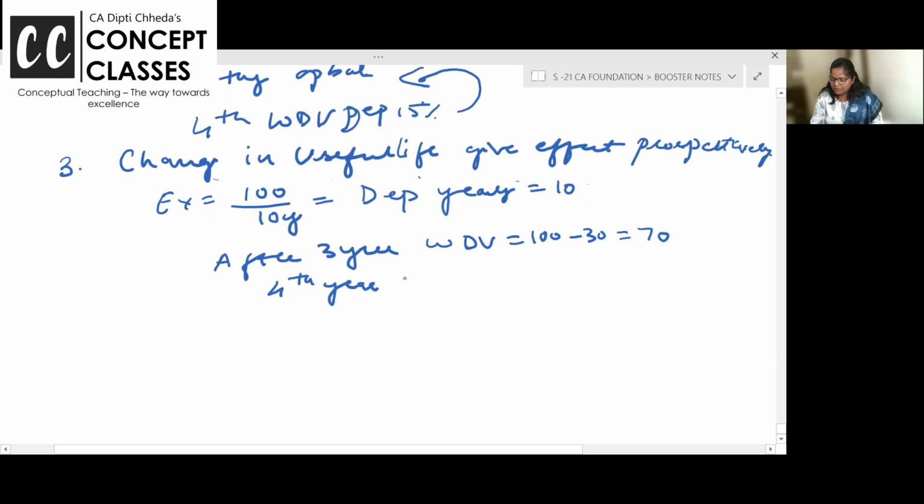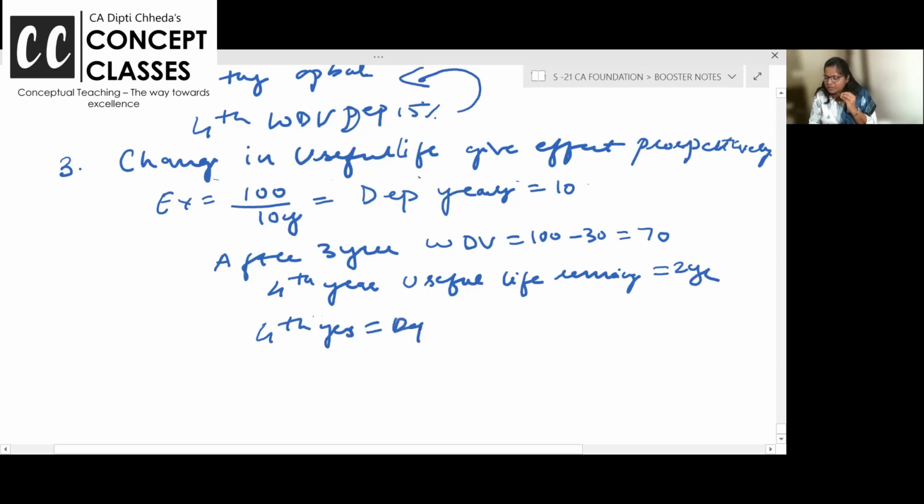4th year, they said useful life remaining. See, they are giving a new useful life. पहले 10 years अब 8 years ऐसे दे रहे हैं या remaining? Check the language carefully. If they are saying in the 4th year that useful life remaining is only 2 years, then 4th year depreciation is equal to 70 by 2, 35.